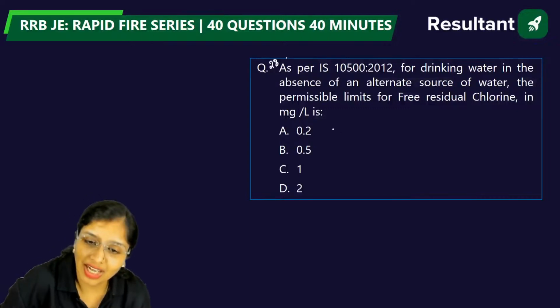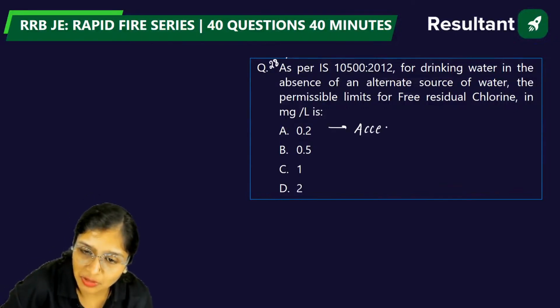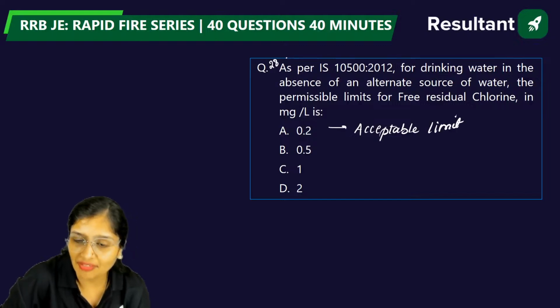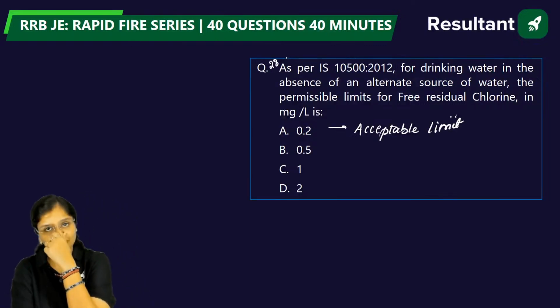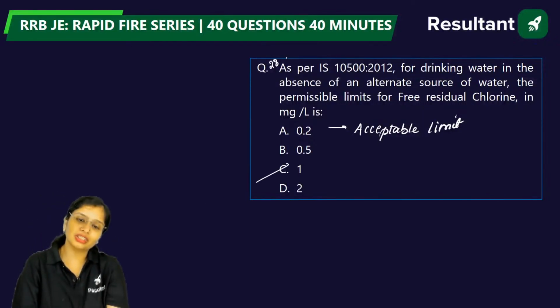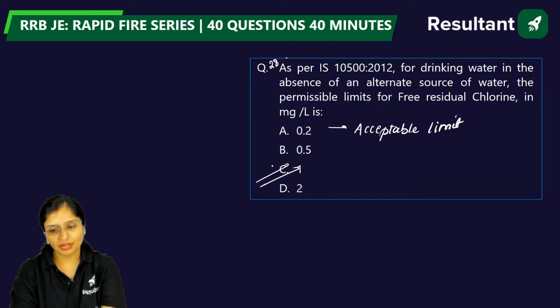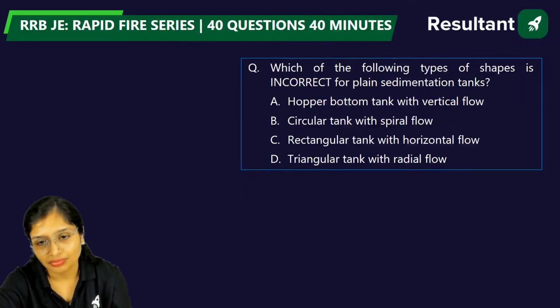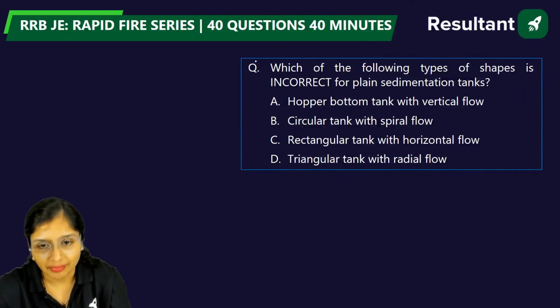See, if they had asked you the acceptable limit, it is 0.2 mg per liter for free residual chlorine. But since here they have asked you in the absence of alternate source, that means they have asked you the cause for rejection limit. So the cause for rejection limit is how much? 1.